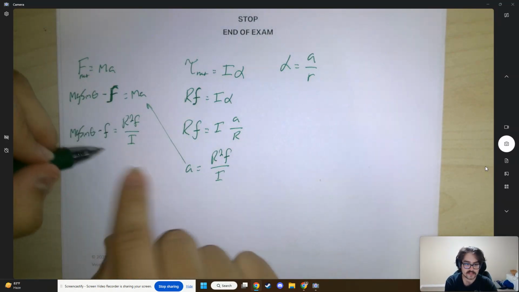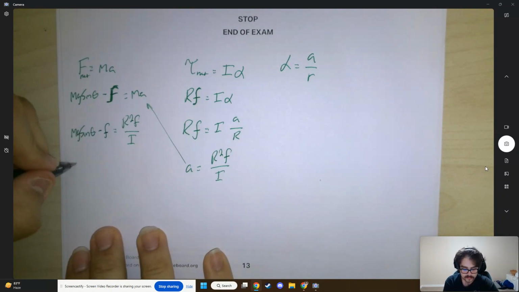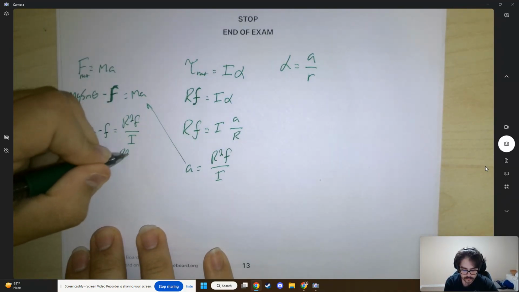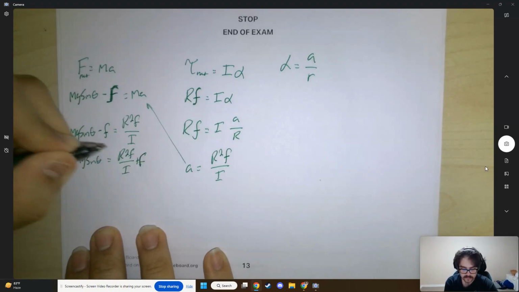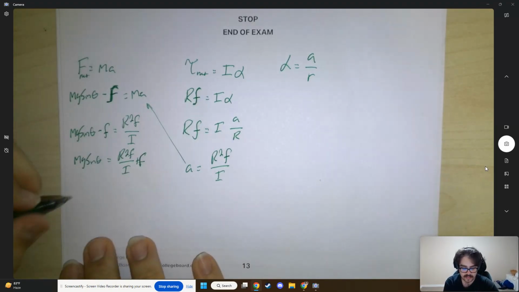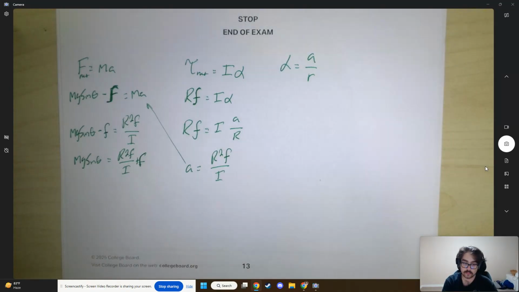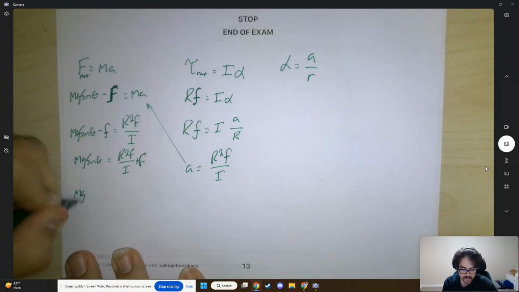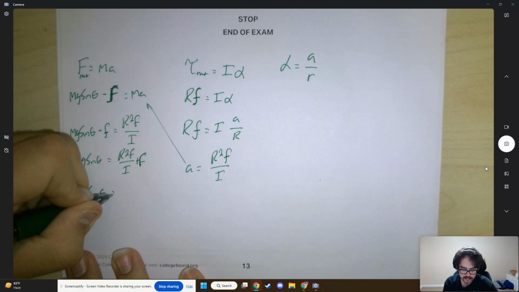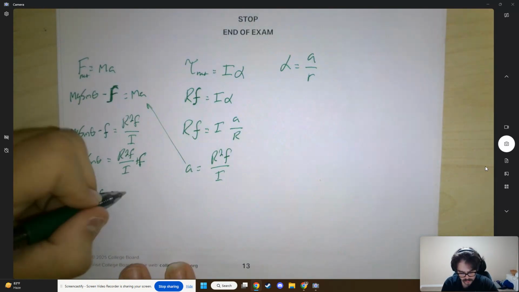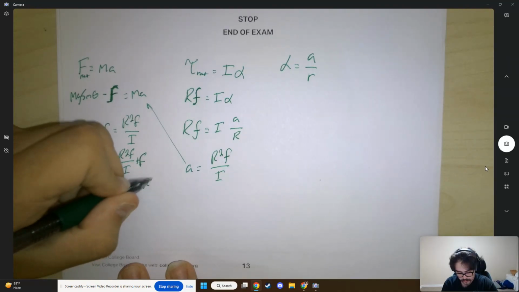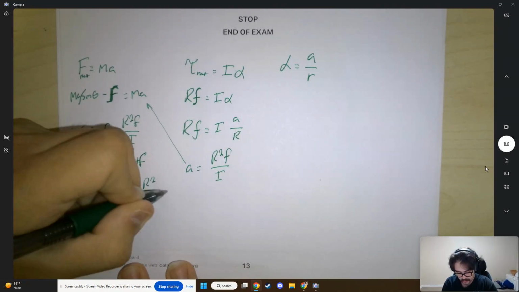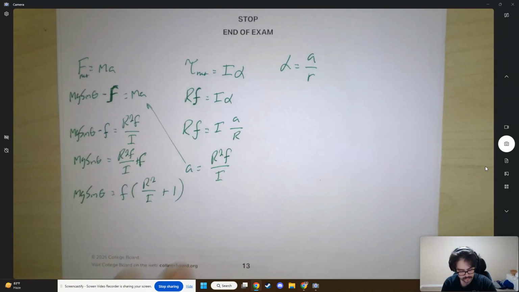So I'm going to move this F to the other side, and this gives me mg sine theta equals R squared F over I plus F. Okay, and I can factor out my F now to turn two F's into one: mg sine theta equals F times R squared over I plus 1.